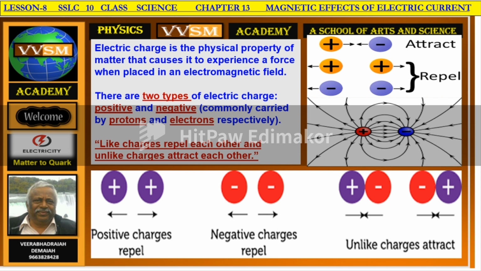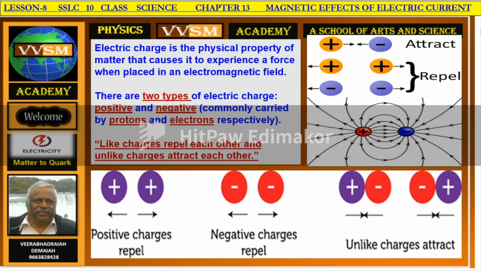There are two types of electric charges, positive and negative, commonly carried by protons and electrons respectively. That means positive charge means flow of protons, negative charge means flow of electrons. You know the law of electrostatic forces: like charges repel and unlike charges attract.